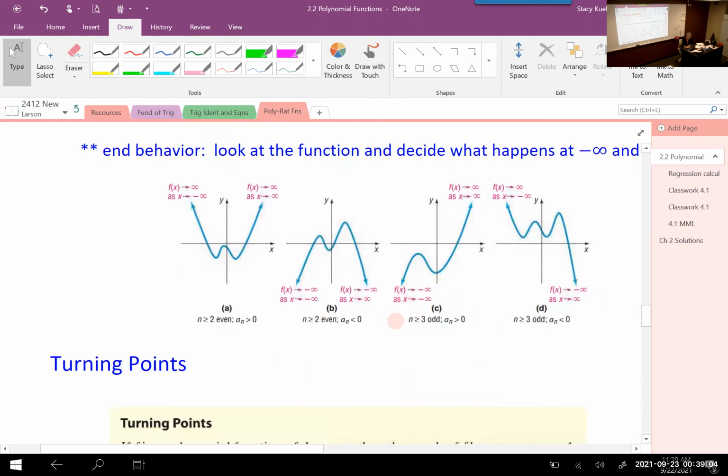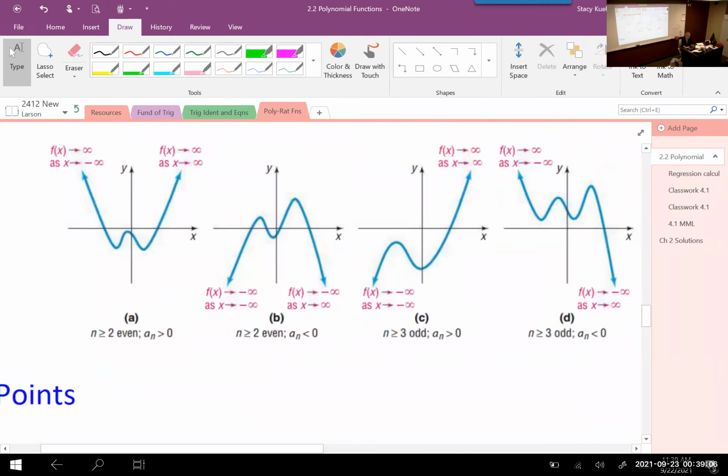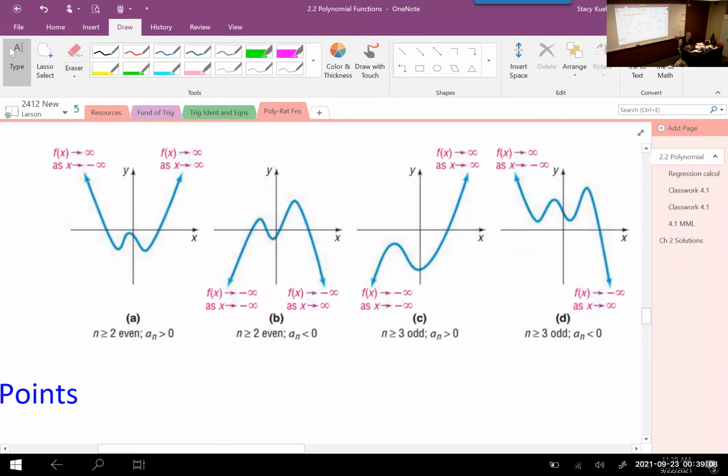Now, talking about end behavior again, we know that when we have even functions, they look like goalposts moving to infinity. When I'm looking at this notation, we do this a lot in calculus.